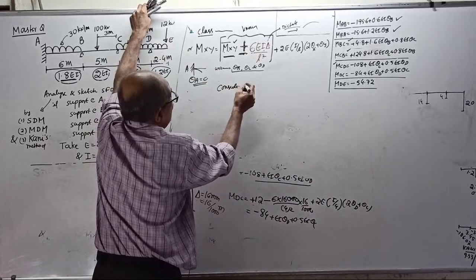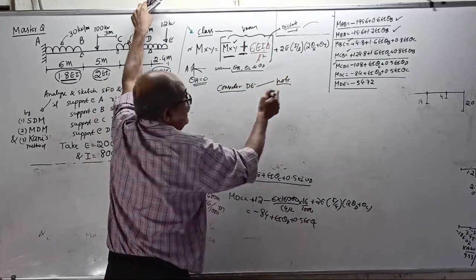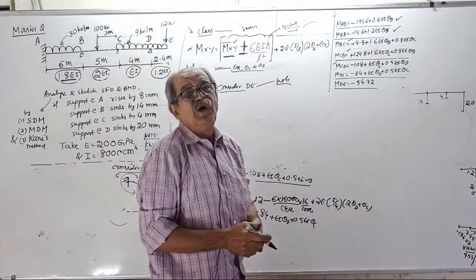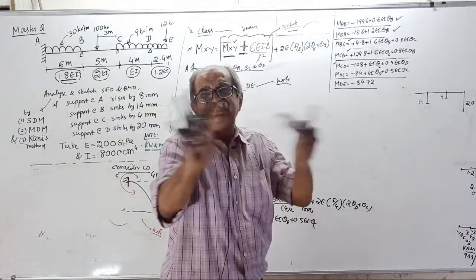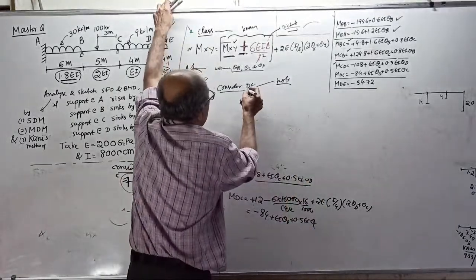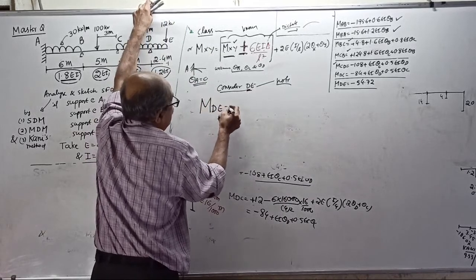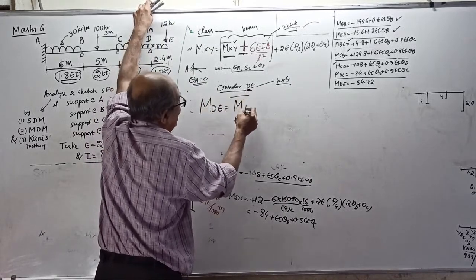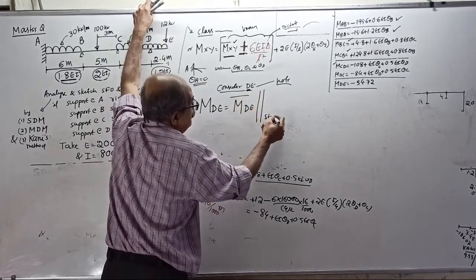Consider DE. Make a big note. It is an overhang. For an overhang, delta, theta, nothing. Supported at D. Therefore, only M_DE. M_DE equals M bar DE due to loading. That's all. Stop.